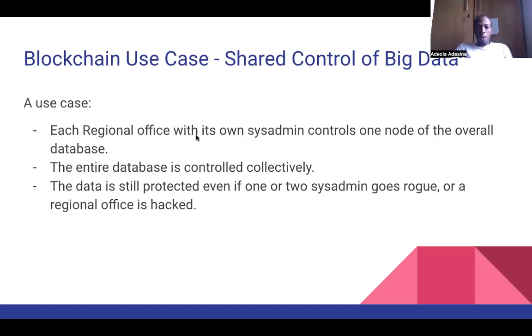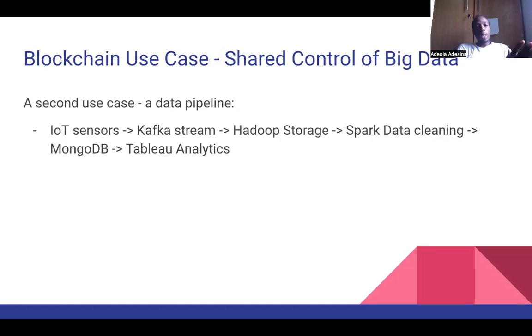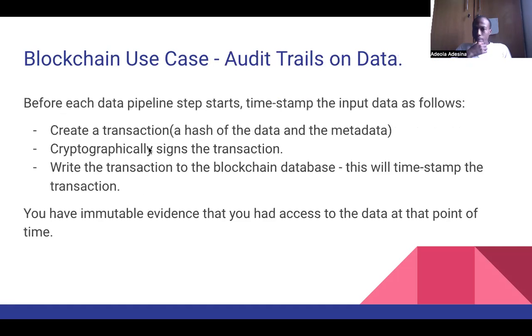So 10 different companies sharing data with each other, and each of the offices has a system admin that controls one node of the overall database. And consider a second use case, which is a data pipeline that talks about how data moves from the point the data is generated to where the data can be consumed. Here it is, my Tableau Analytics.